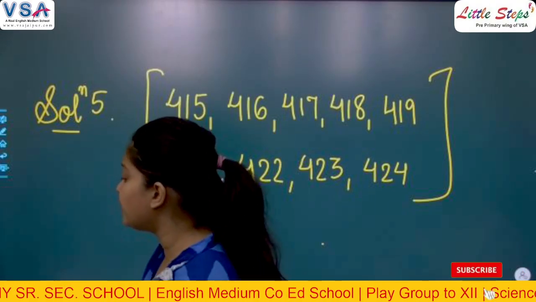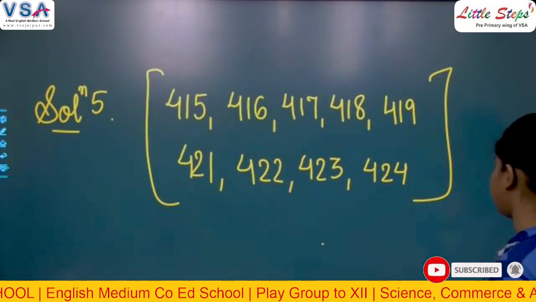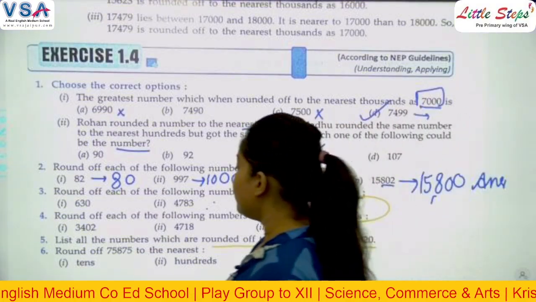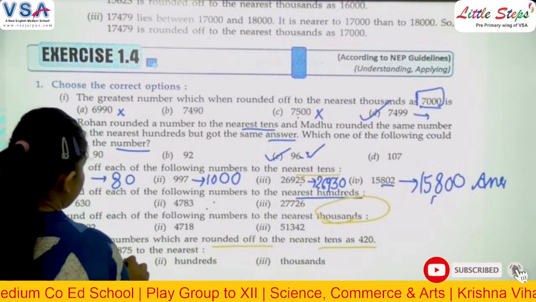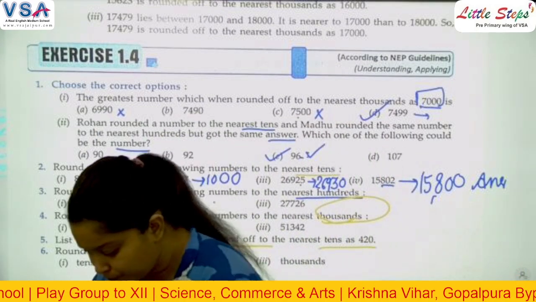Let's move on to the last question of this exercise. What is the last question of the exercise? Have a look. Round off 75,875 to the nearest. What do we have to do?